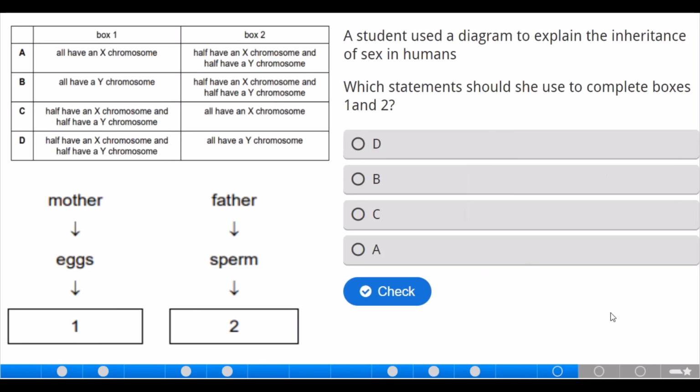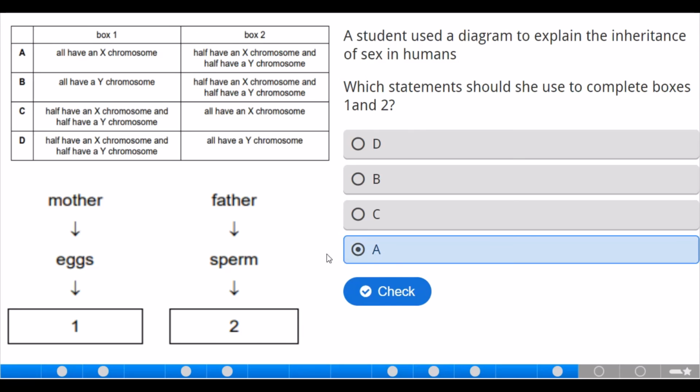A student used the diagram to explain the inheritance of sex in humans. That is this diagram. Which statements should she use to complete boxes 1 and 2? A is the correct option.